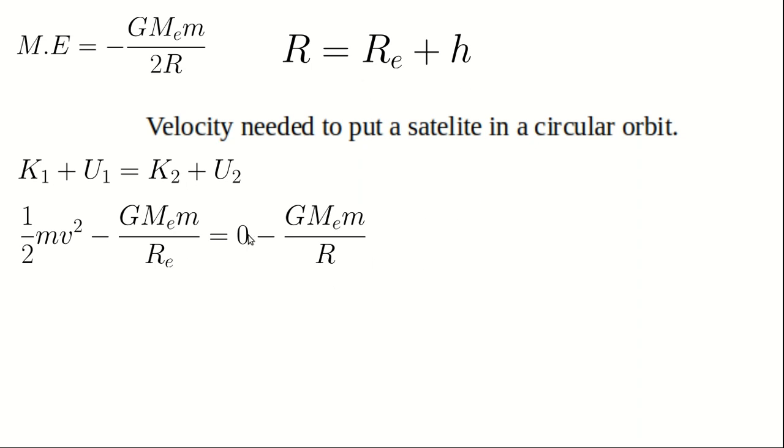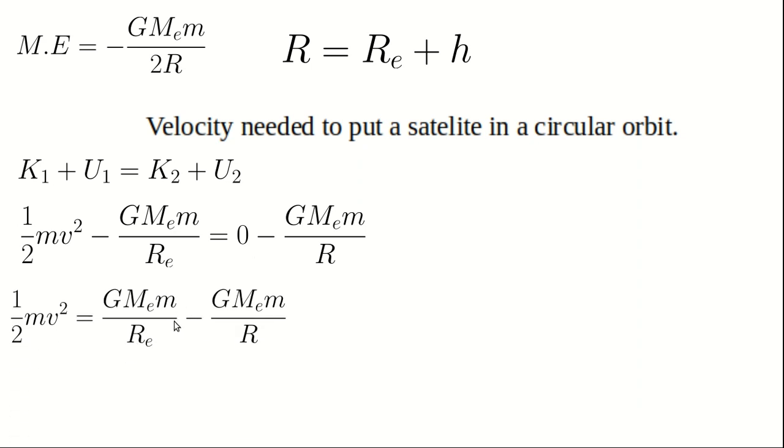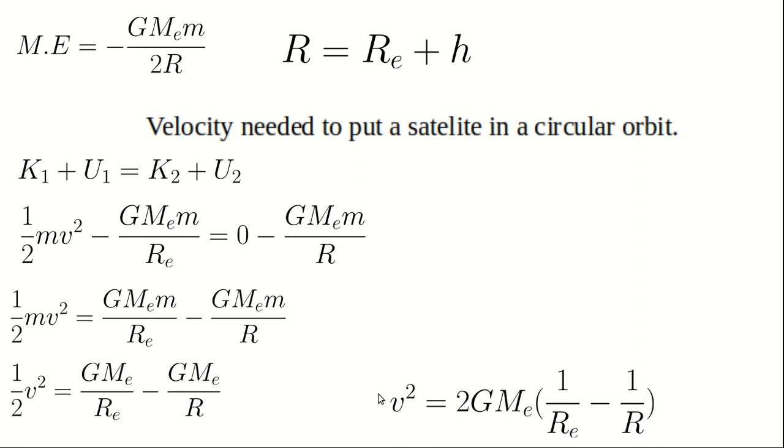If we take this one to this side, we have this expression, and we can check that something is common between them. We can factorize out, and take care of our m. So m goes out, then 2 comes back, and we have v squared equal to 2GME and this expression.